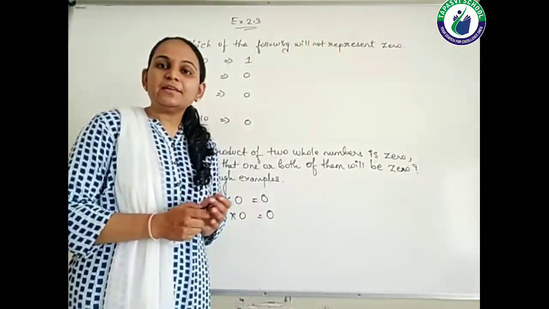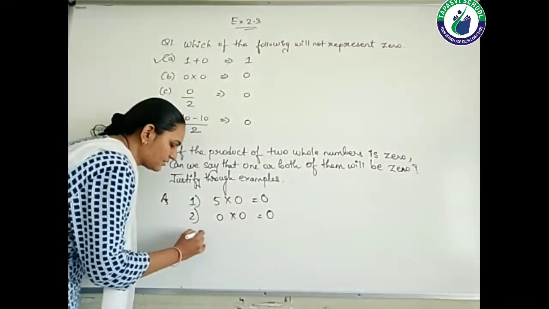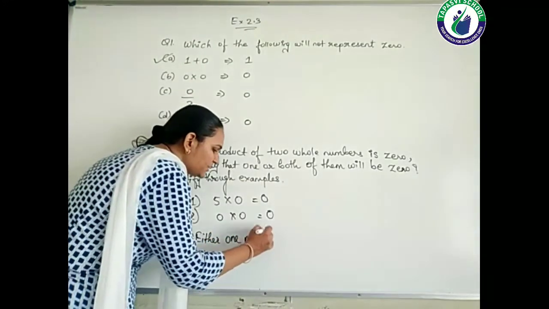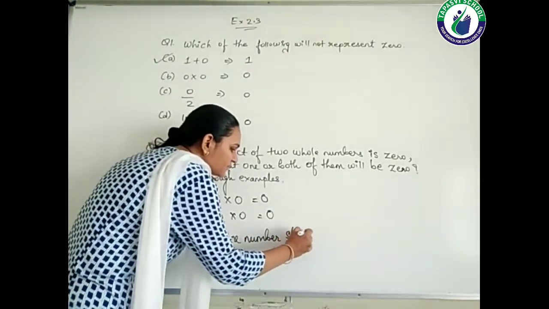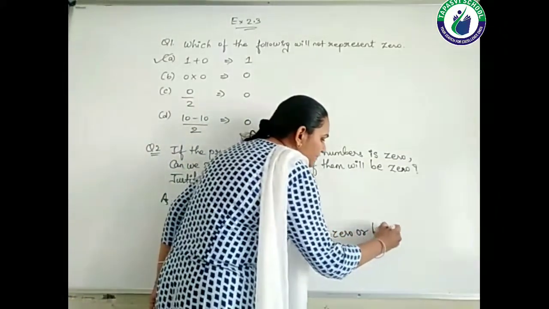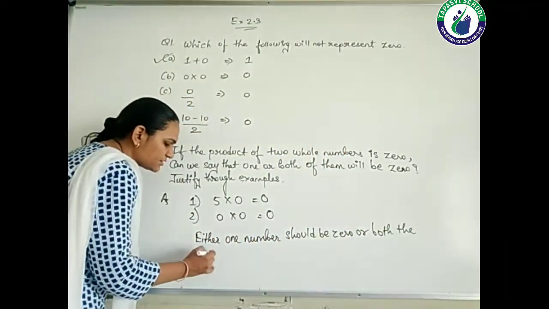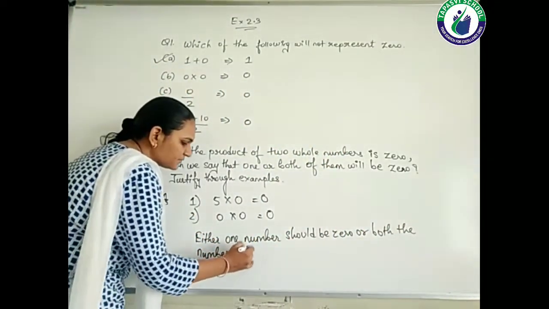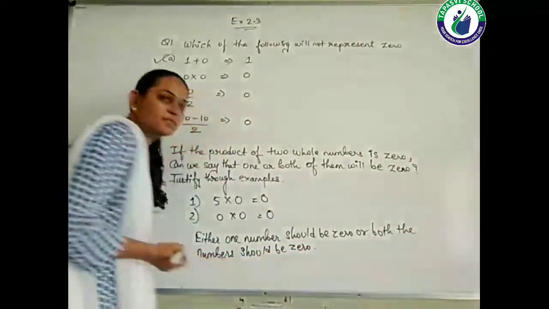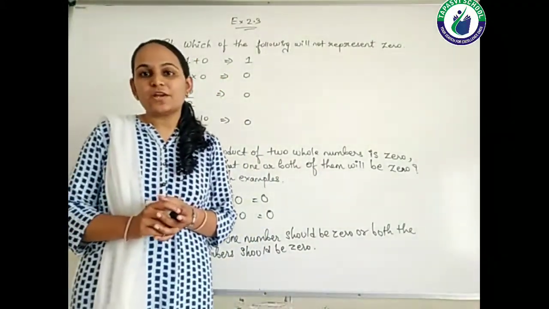I am writing here that to get the answer as 0, either one number should be 0, or both the numbers should be 0. Is it clear? I hope students you get this particular question.